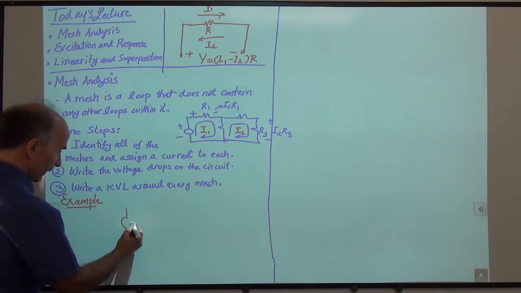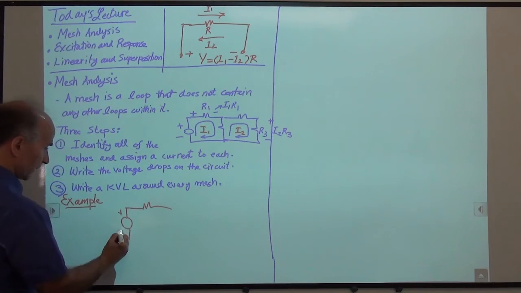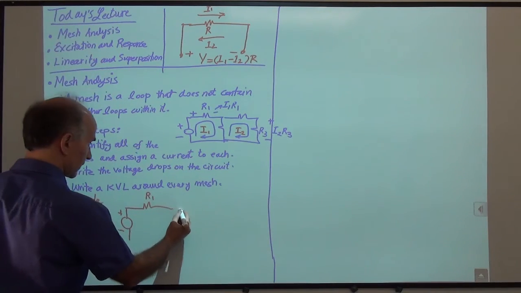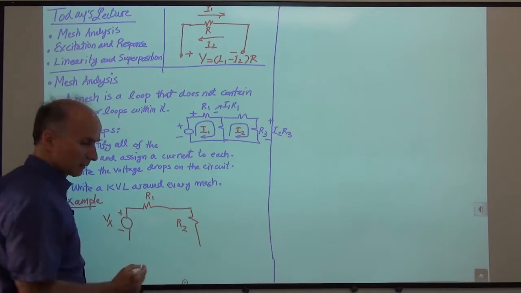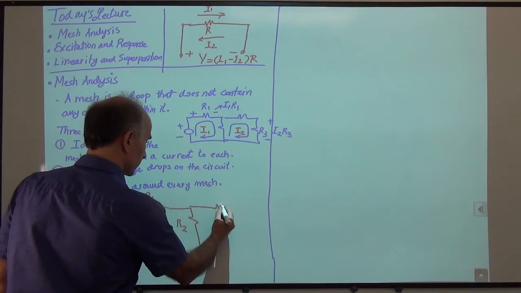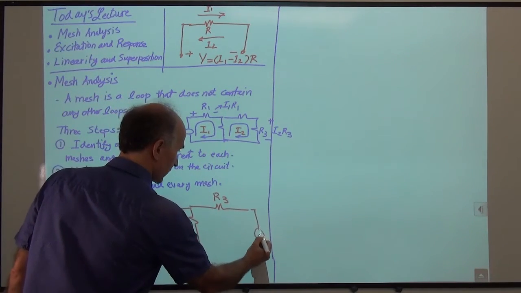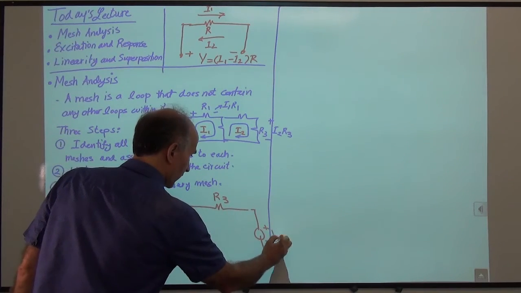So I have a voltage source, I have a resistor, so let's call this Vx. Then we have R1, then we have R2, and then we have another resistor here, R3, then we have a voltage source here, Vy.